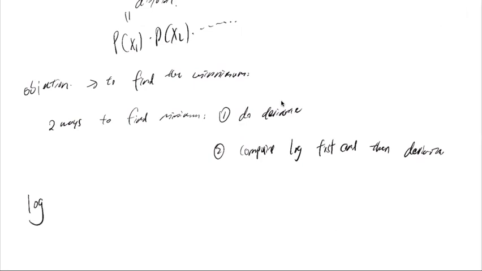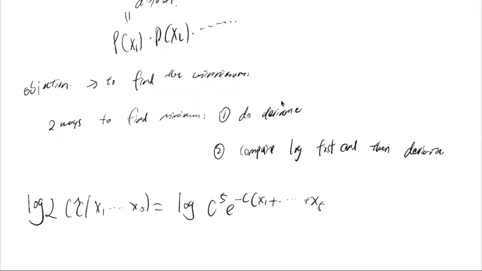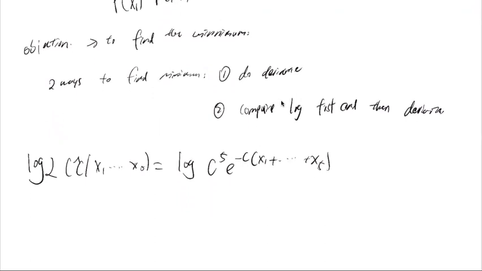So the log of this function is equal to the log of c to the fifth times e to the negative c times (x1 plus up to x5), and this would be 5 log c minus c times (x1 plus up to x5).